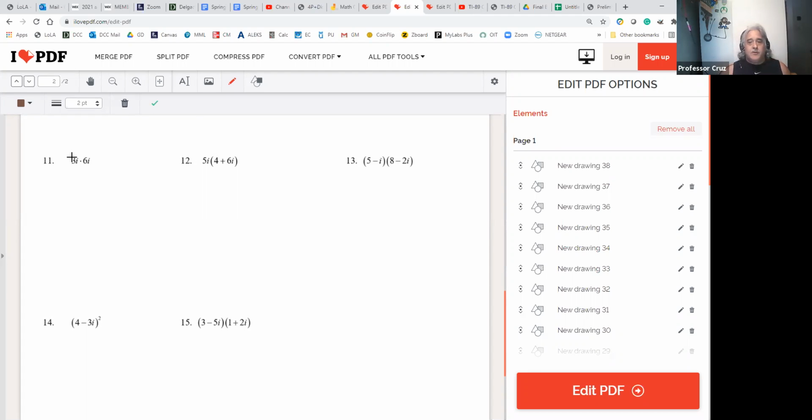So if this was 3x and 6x, you multiply the 3 times the 6, and then you got i times i, which is going to be i squared.